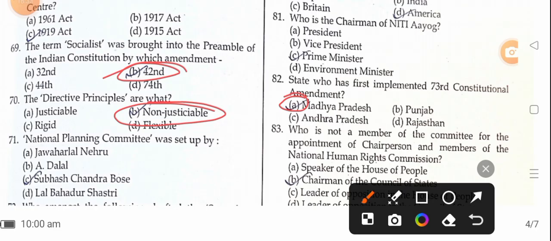The National Planning Committee was set up by Subhash Chandra Bose, while foreign policy was created by Jawaharlal Nehru. Who is not a member of the committee for the appointment of the chairperson and members of the National Human Rights Commission? Chairman of the Council of States. Option B is the right one.